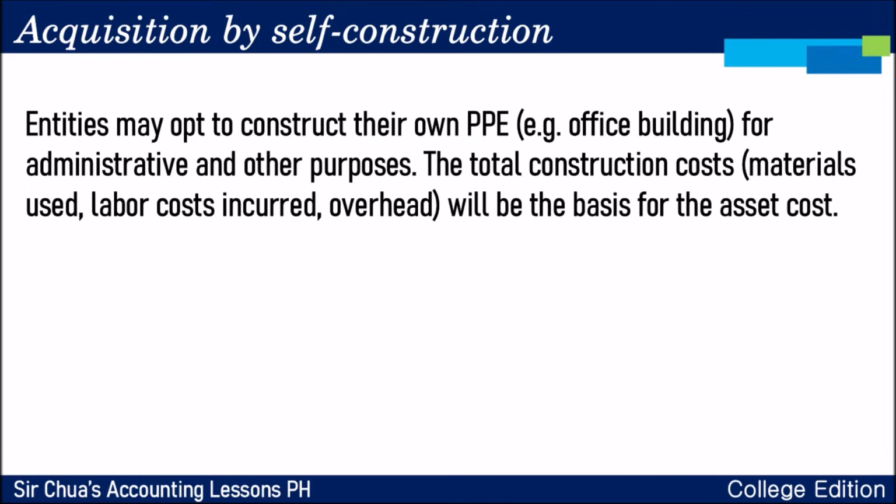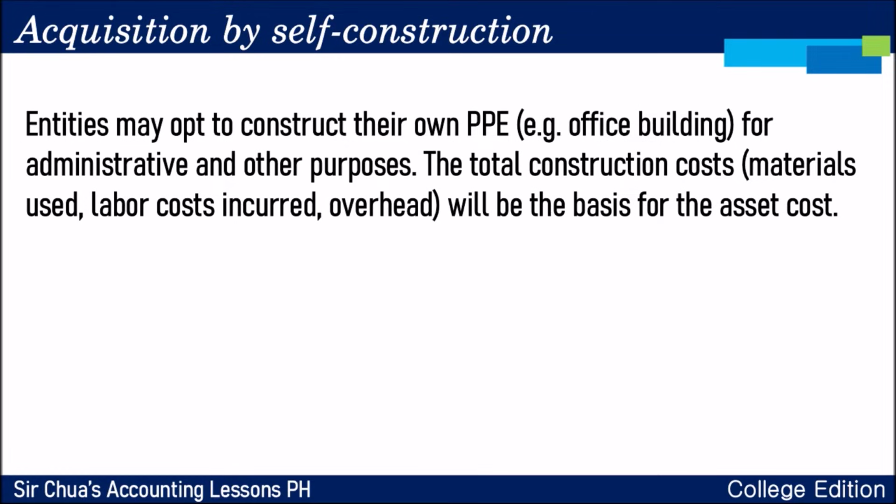For example, hindi man po masyadong related sa paggawa ng product yung factory supervisor sa isang factory, kailangan mo pa rin siyang pasahurin because yung kanyang ginagawa as factory supervisor is siya yung nag-oversee ng operations ng factory. Pero hindi siya mismo yung gumagawa ng product, diba? So, ganun po yung ibig sabihin natin ng overhead.